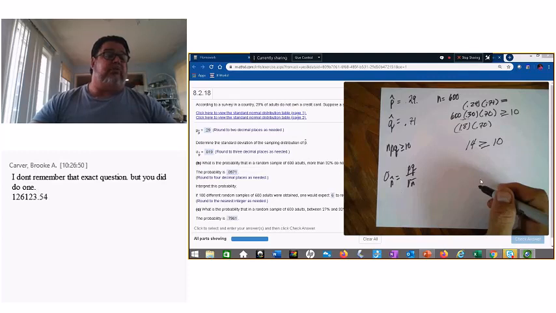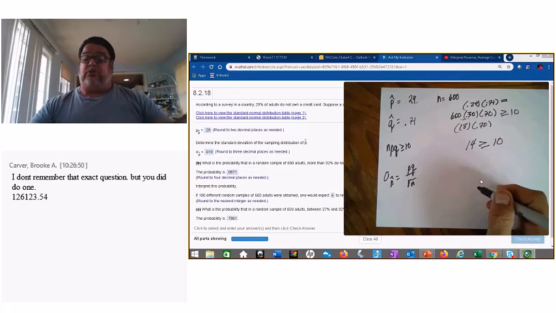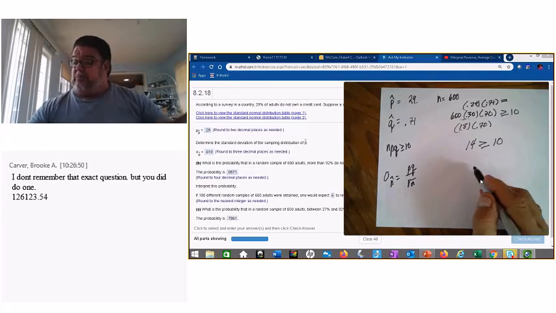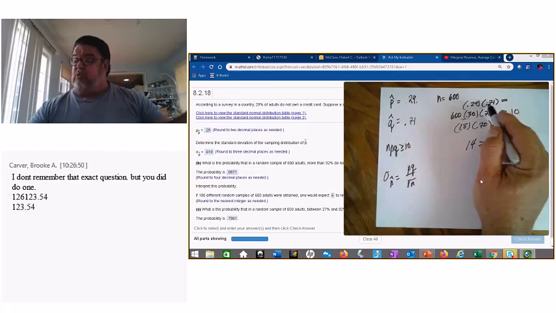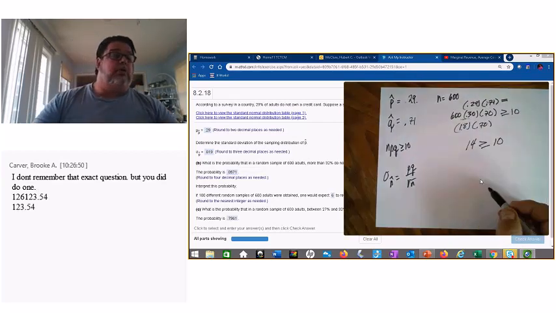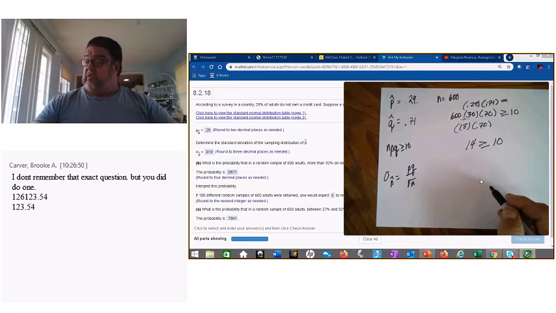Oh no, that's not right. You didn't hit the decimals. 600 times 0.29 times 0.71. 123.54. I got 14. You sure they ain't supposed to be 12?